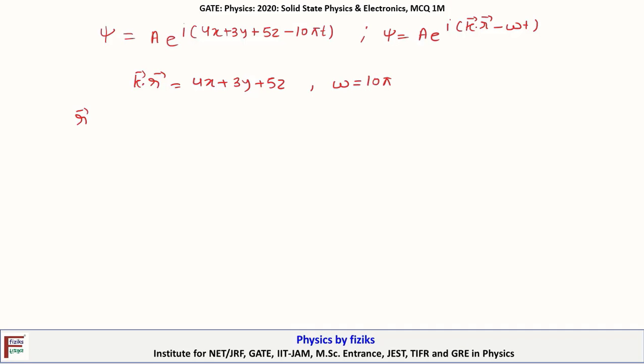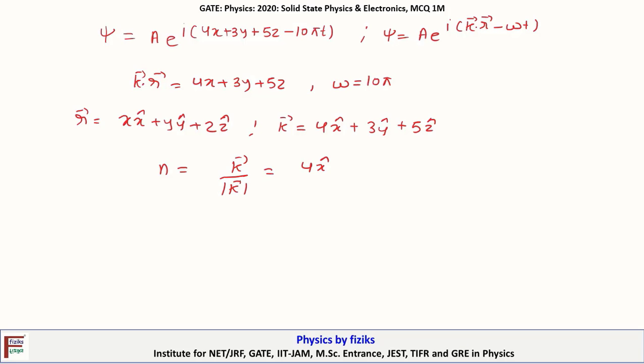Now the r vector we know is always represented like x of x cap plus y of y cap plus z of z cap. That means vector k has the form 4 of x cap, 3 of y cap plus 5 of z cap. Now the unit vector corresponding to k would be vector k divided by mod of k, which means 4x cap plus 3y cap plus 5z cap divided by root over 4 square plus 3 square plus 5 square.